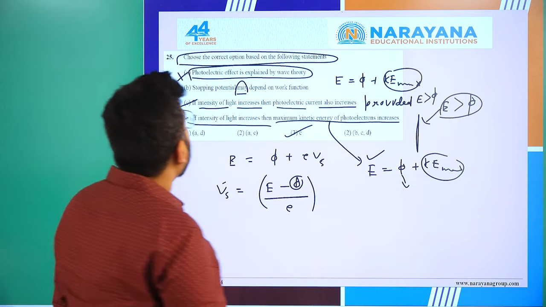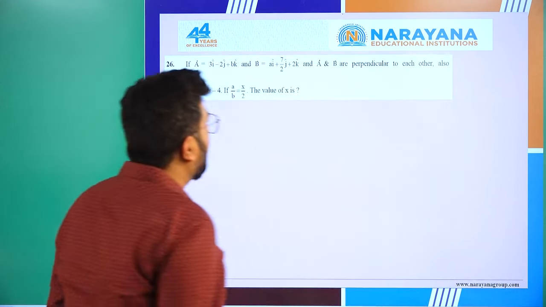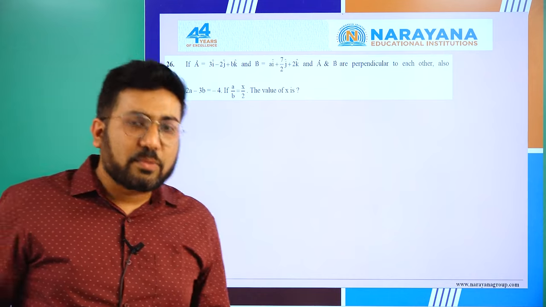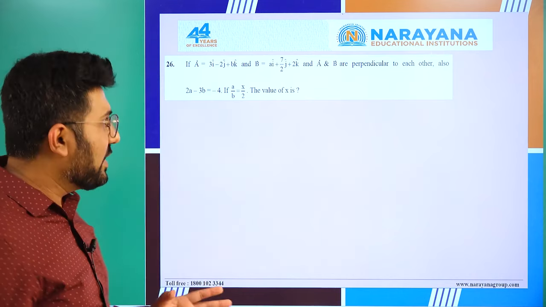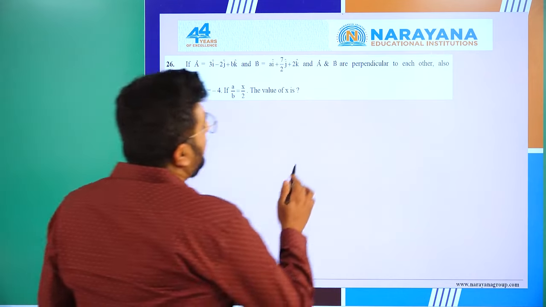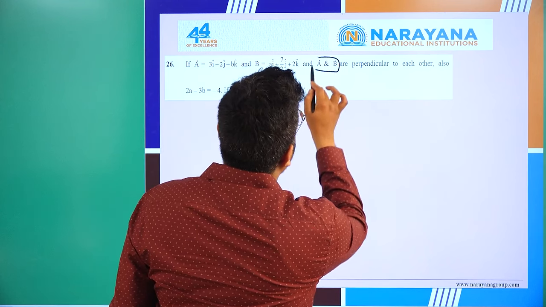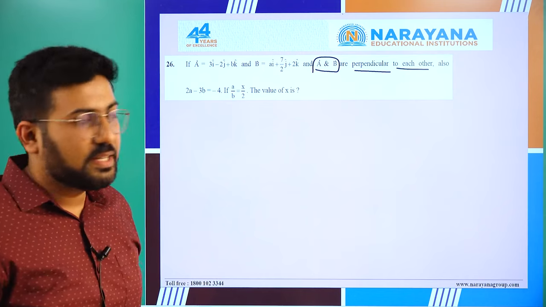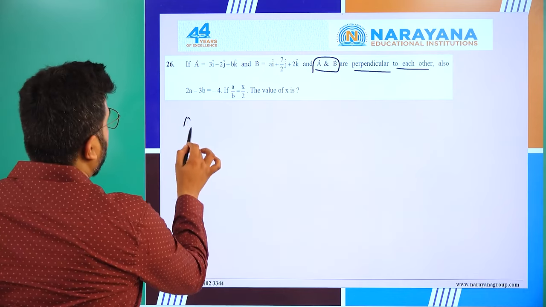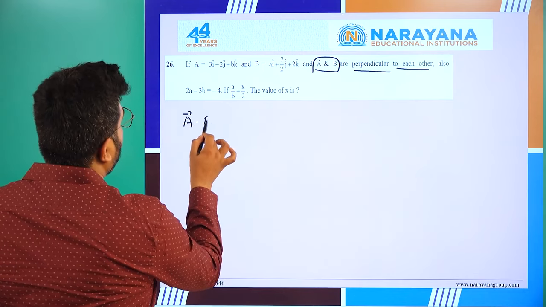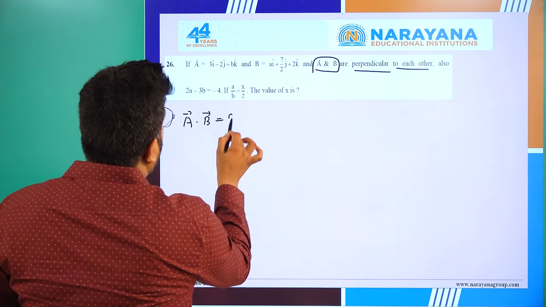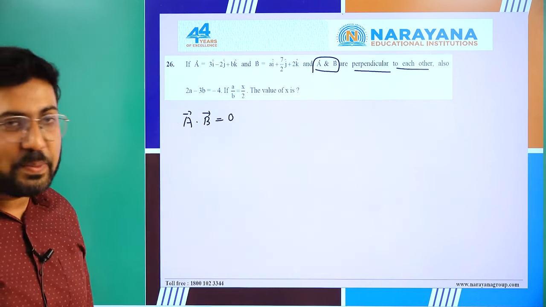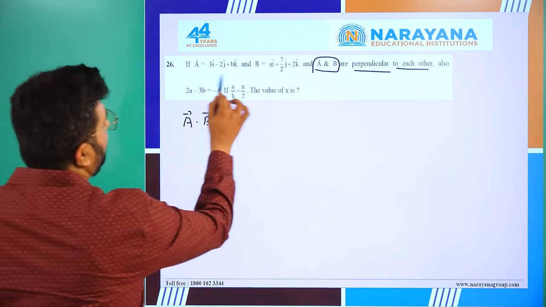Okay. Now let's go to the next question, and this is a question based on vectors, and it's a very simple question where they have told you that these two vectors A and B are perpendicular to each other. If two vectors are perpendicular to each other, that means their dot product should be 0. That's it. I'll do the dot product of these two vectors.